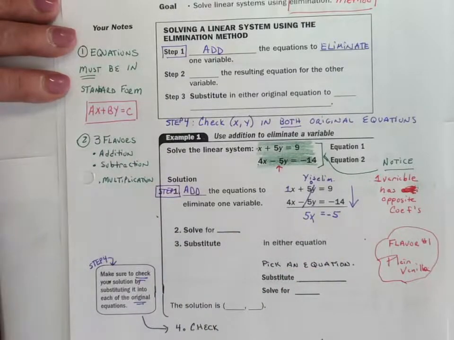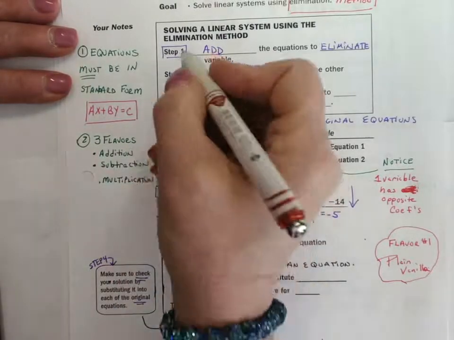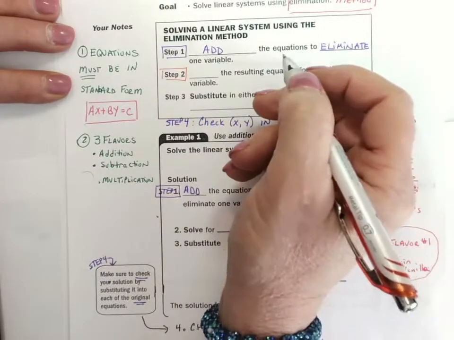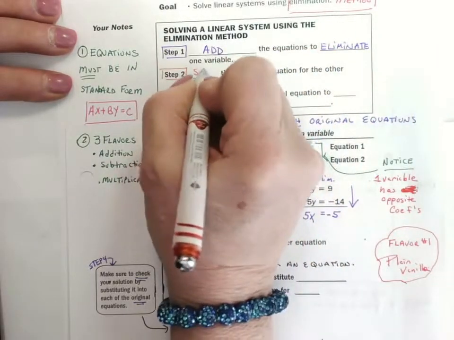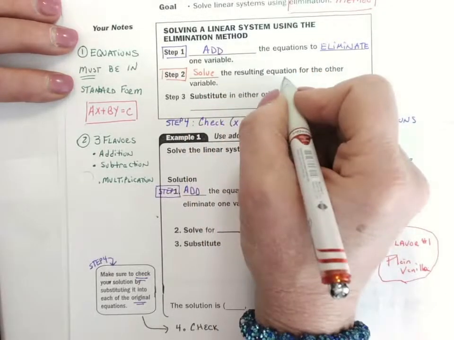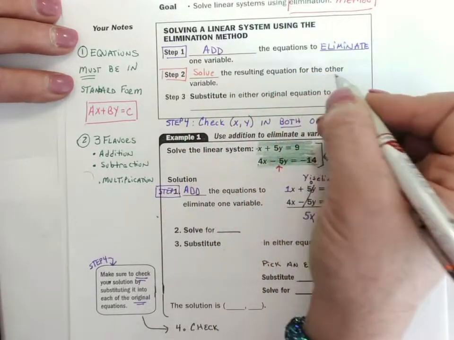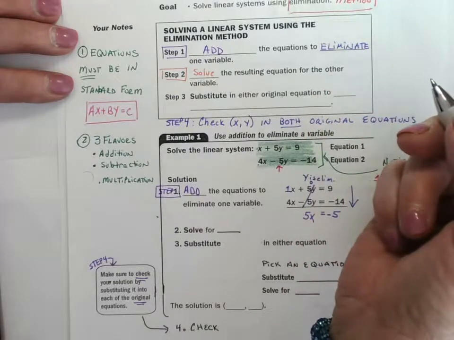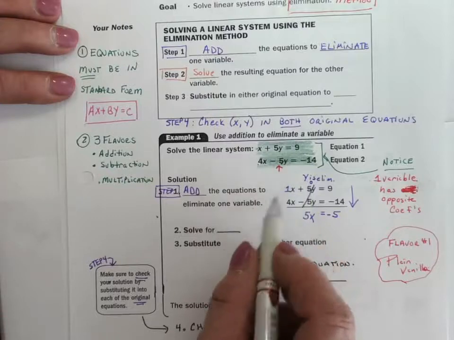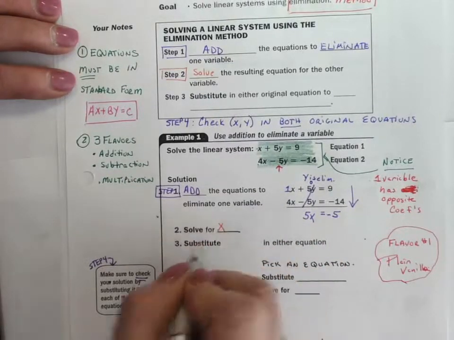Step 2 is very easy. Step 2 is solve the resulting equation for the other variable. So we've eliminated y, and we're going to solve for x.